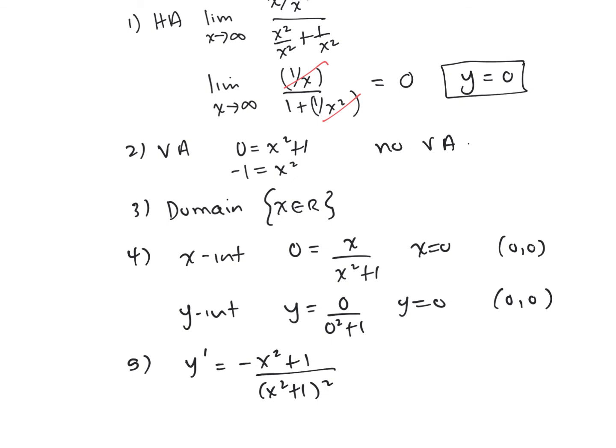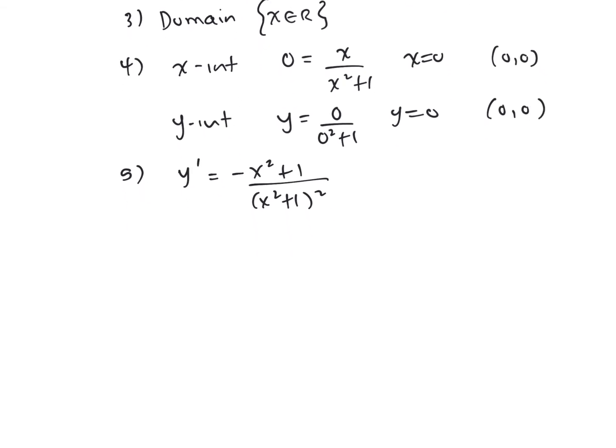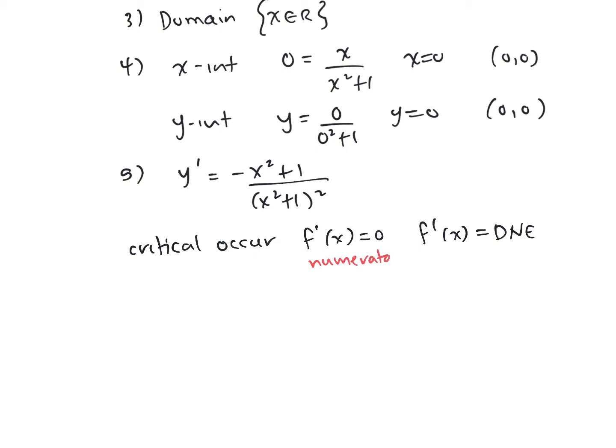When we are doing this type of question where it's a rational expression, critical numbers occur when f prime of x equals 0, which is what we were used to doing with polynomial functions, but it can also occur when f prime of x does not exist, which would be the denominator. Where f prime of x equals 0, that's going to be the numerator of the rational function, and where f prime of x does not exist, that's going to be the denominator. Those are the 2 points at which we want to check.